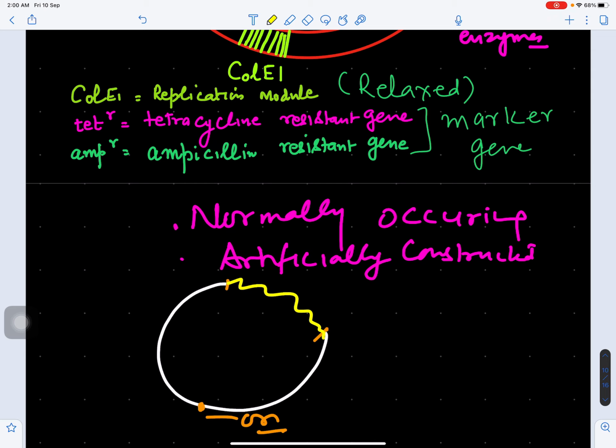So this DNA which we have added into the plasmid can be multiplied or cloned, meaning identical multiple copies can be produced. This we'll discuss in the next video in detail. First we'll complete all the vectors. In this video we have discussed plasmids as vectors and artificially constructed vectors. Other vectors like phages, cosmids, phasmids, YAC vectors, we'll discuss in the next video.